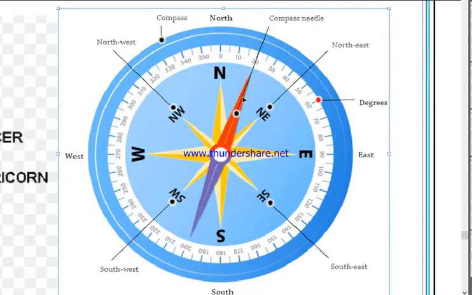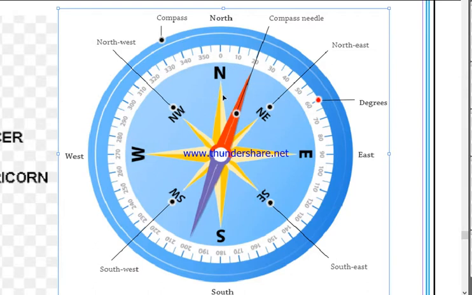So you must make a suitable angle of 20 degrees between the compass needle and the north mark. If you rotate the compass slightly so that the north of the compass needle coincides with the north pointer in the compass, then you will not get actual north.